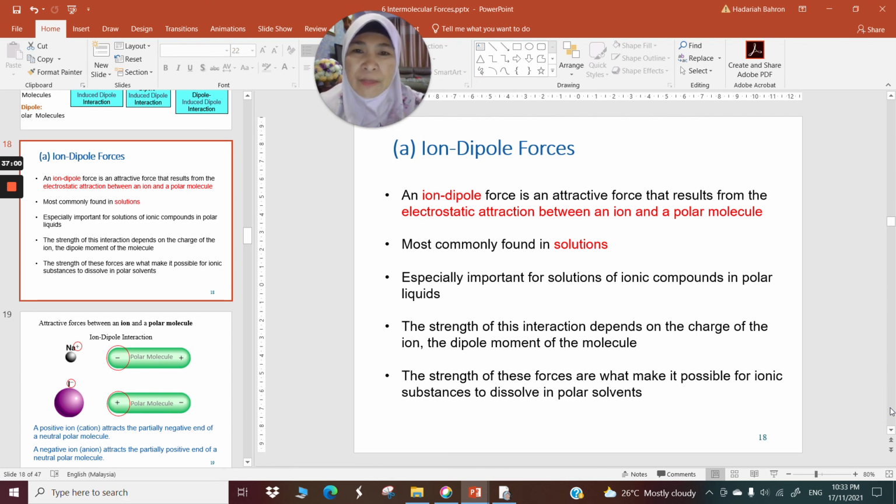For example, in water, you have the hydrogen being delta positive, so it is the chlorine that will be interacting with the hydrogen, and then your sodium will be interacting with the delta negative oxygen. So when the chlorine and the sodium have different ends of the molecule to deal with, they are separated and you have your ionic compound dissolving in polar solvent.